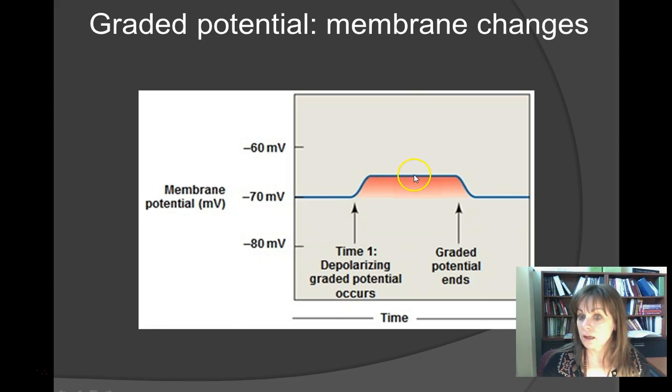It's stimulating that part of our skin, but it's not sending a signal to our brain, and so eventually that signal goes away. So what we'll talk about next is what happens if that stimulus is strong enough that we reach -60. What happens next? But this is just showing a graded potential, and if it's weak, it's going to happen and then go right away. And we may not even know.